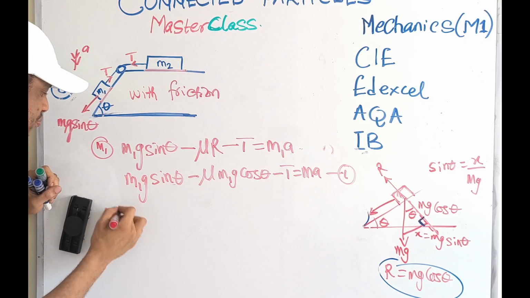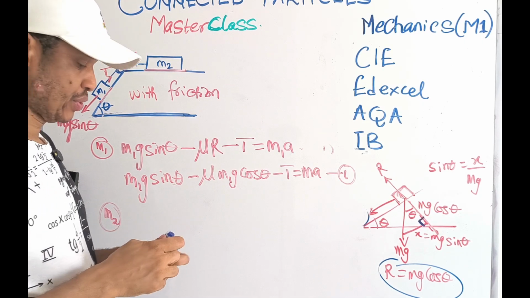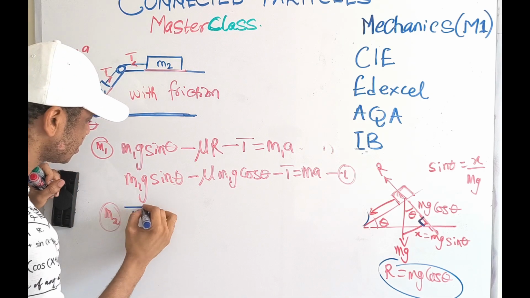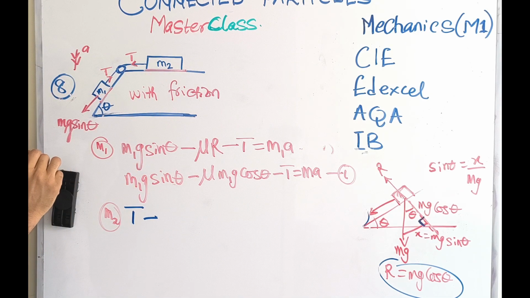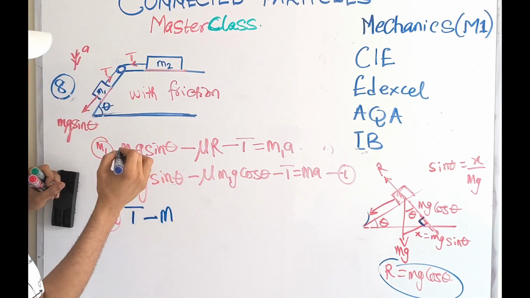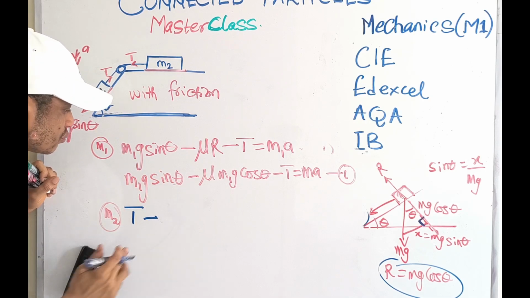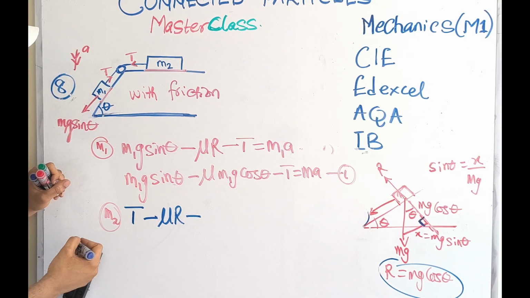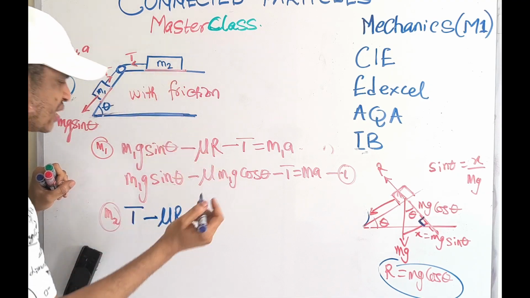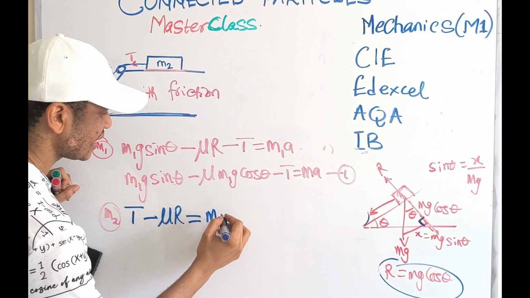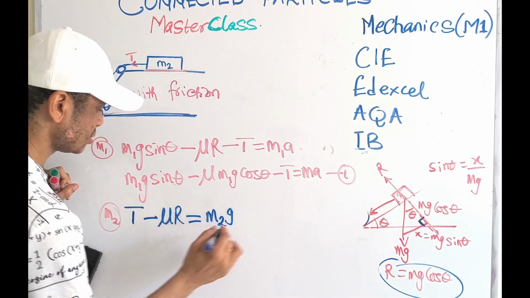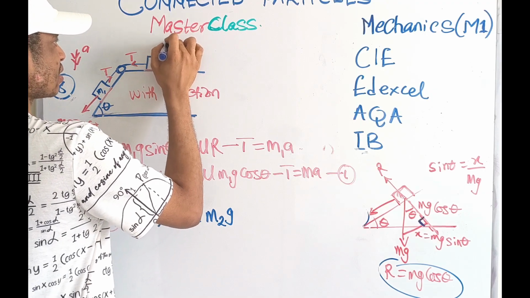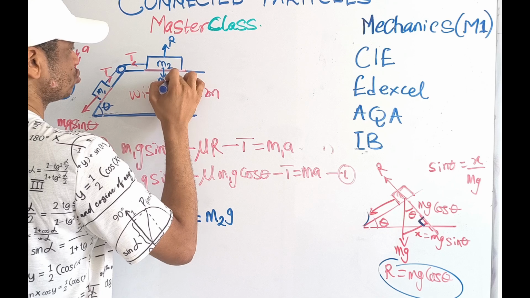Then for m2, what do we do? So we're going to do this. T minus mu R. What is mu R? We did something like this before. This is R, this is m2g.